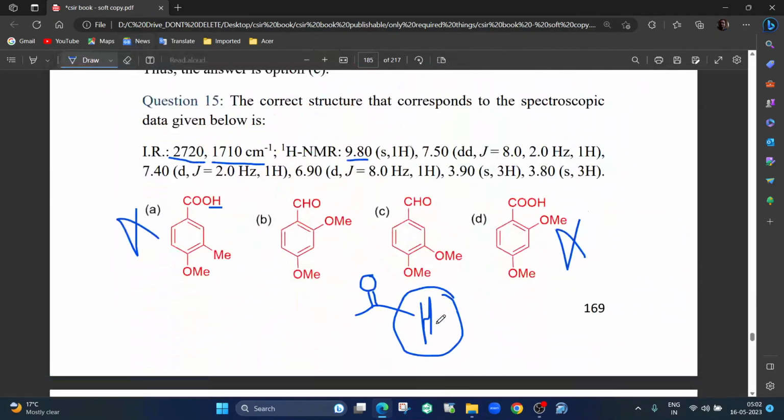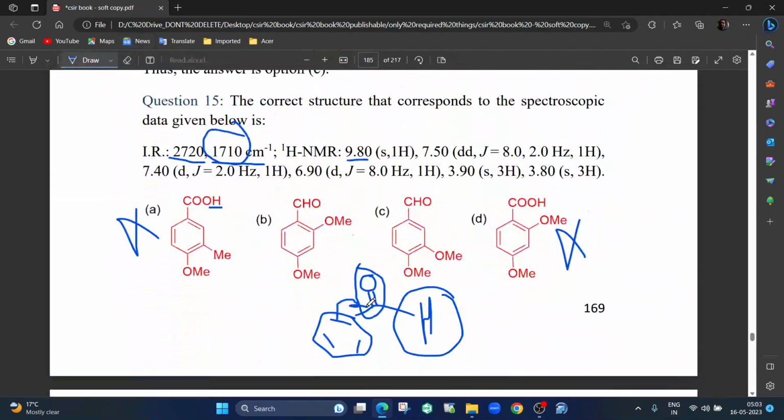Apart from that, see this peak 1710. Aldehyde C=O stretch shows around 1725. But here, because the benzene ring is there, what happens? The benzene ring will pump electrons into it through plus R effect.